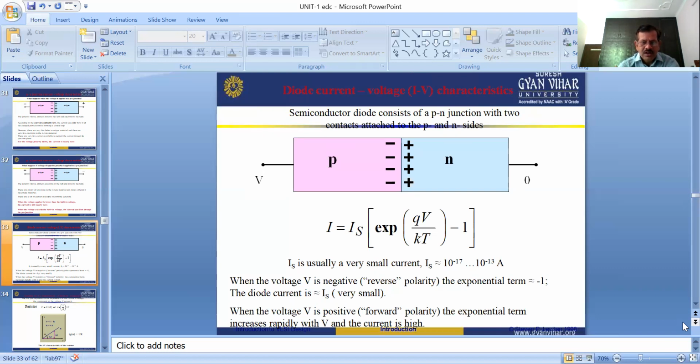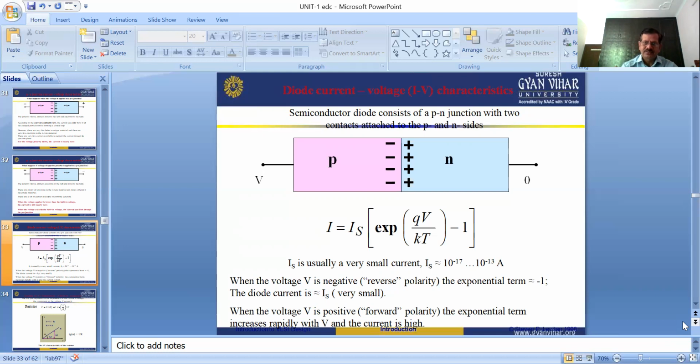Now we take the second condition, V positive or forward polarity. The exponential term in the given equation increases rapidly with V, and the current is very high. So the current is very high when V is positive or forward polarity, and when V is negative or reverse polarity, the diode current is very small, in the range of 10 to the power minus 17 to 10 to the power minus 13 amperes.